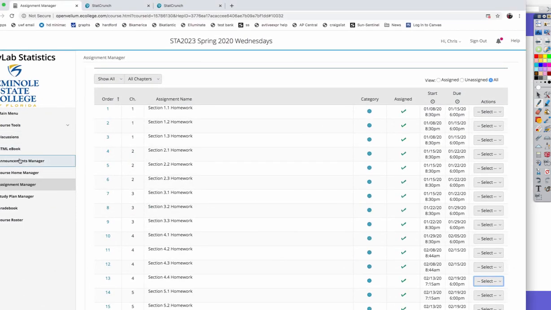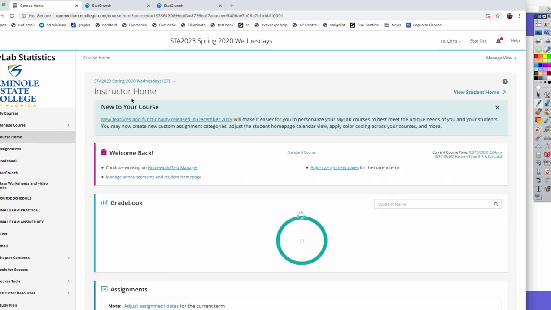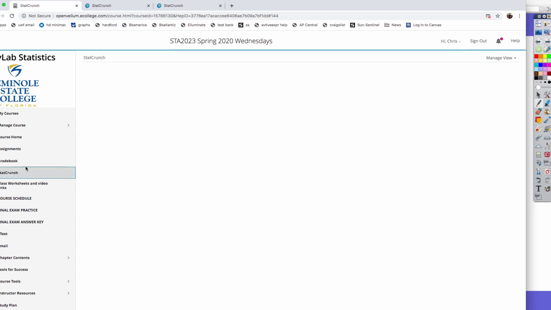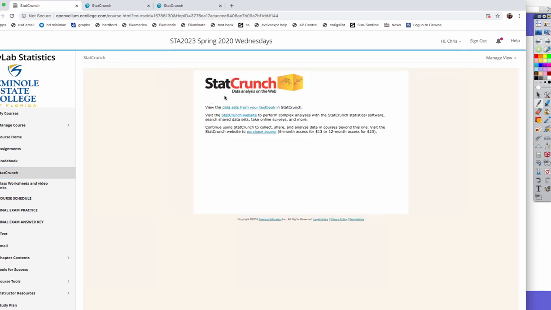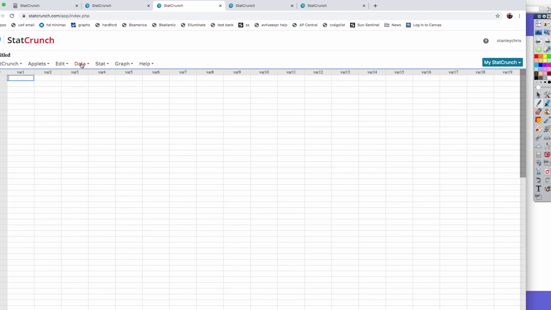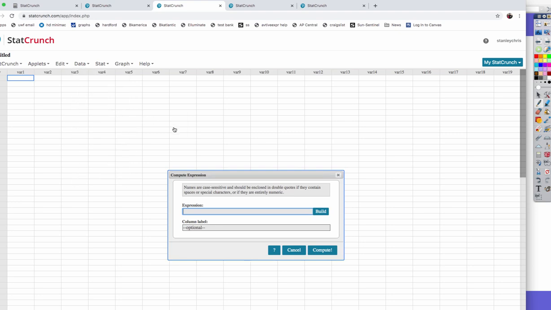You want to go to StatCrunch and go to data, down to compute, expression, then you'll hit comb, C-O-M-B, with an open parentheses, and you're going to hit 5 for how many wires you had, and 2.